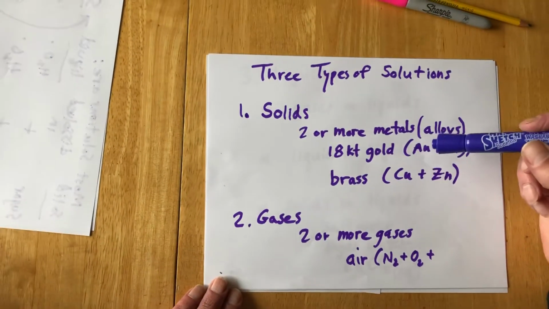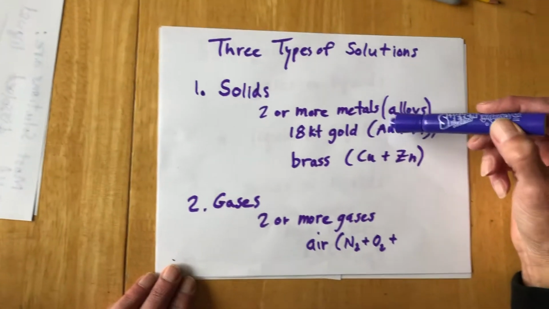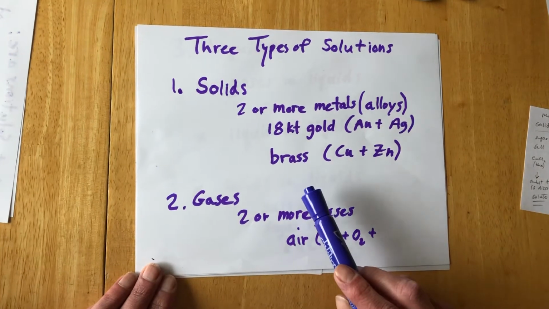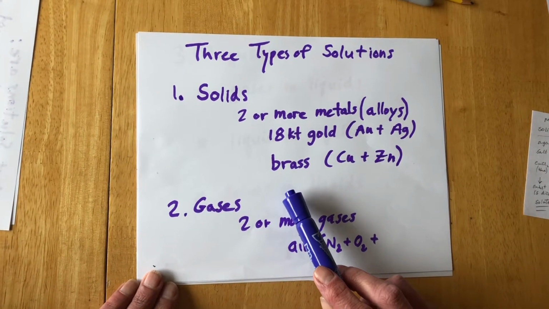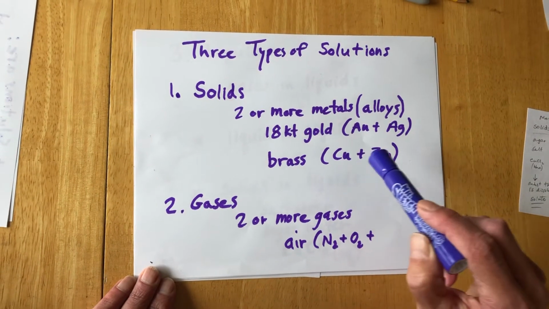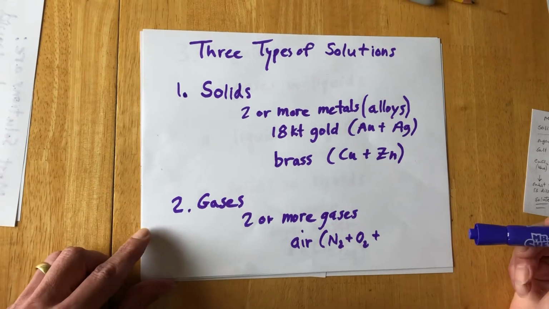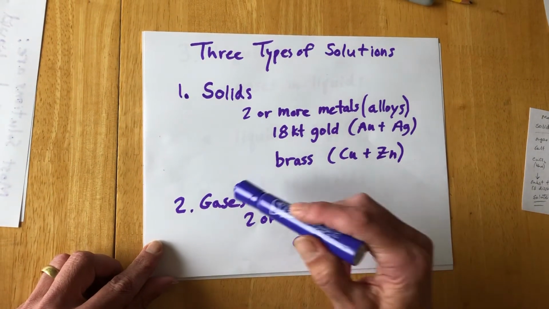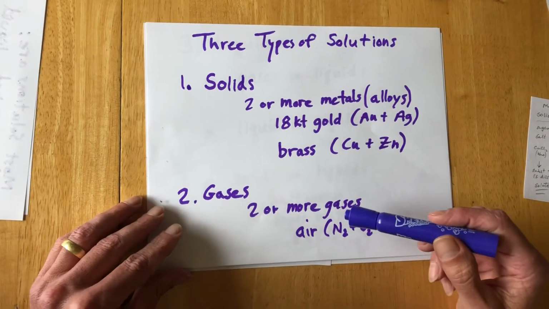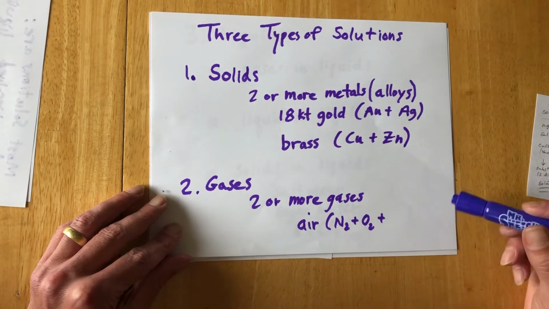And so it's actually a solution. It's a homogeneous mixture of 2 metals, gold and silver. Now, you guys made one earlier in the year. With the Gold Penny Lab, you combined copper and zinc to make brass. Another type of solution would be a gas. Air is an even mixture of nitrogen, oxygen, and other gases.